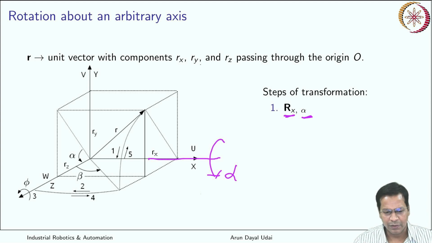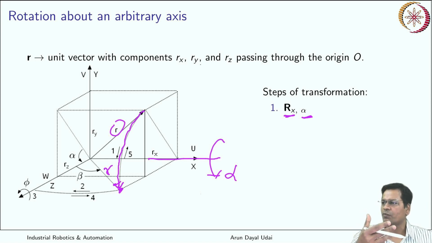What happens is this position vector r now comes down like this and you come to this location. The length of the position vector is not going to change, so it has come to a new location, that is r.